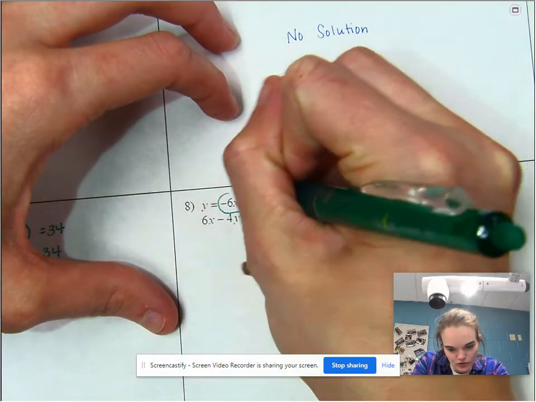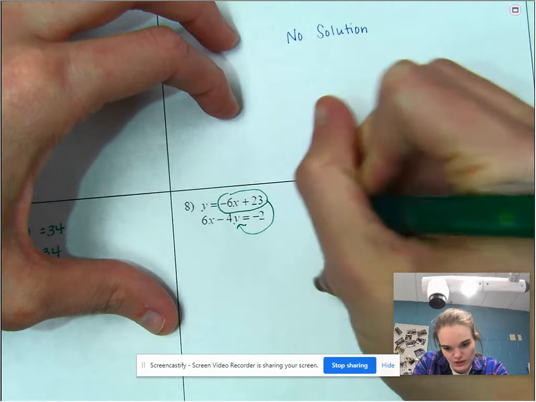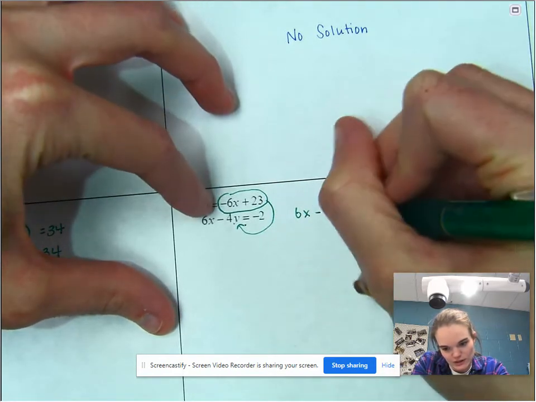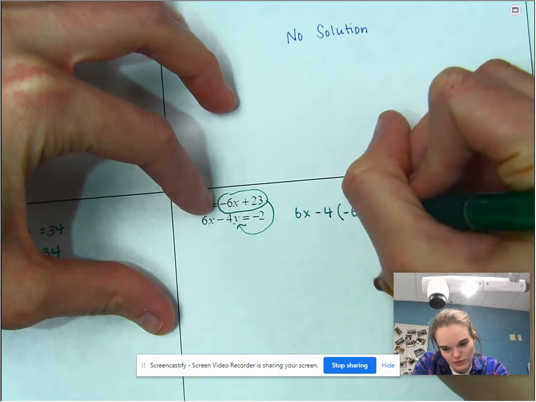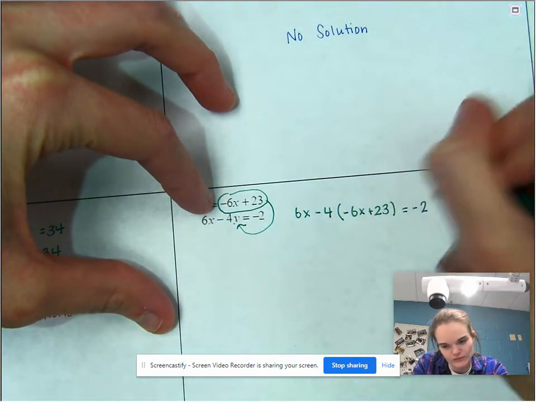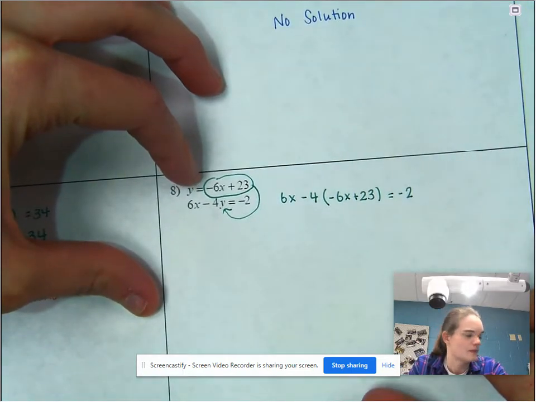Okay, circle, let's substitute. 6x minus 4 times negative 6x plus 23 equals negative 2. Okay.